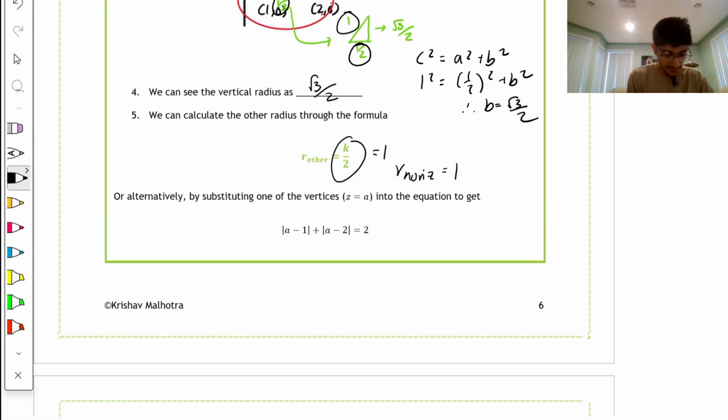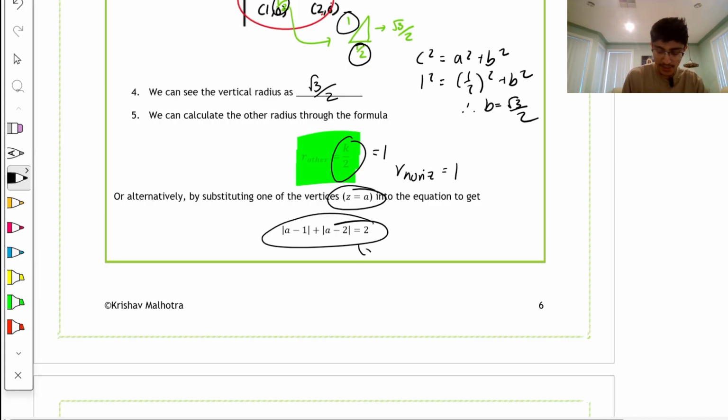Now this formula that I've just shown you, that your other radius is k divided by 2, is something that is pre-derived. But if you did want to solve it from scratch using first principles, you can get the same answer by substituting one of the vertices. So you could say let the vertex be (a, 0). You sub that point into your ellipse equation and solve for a.